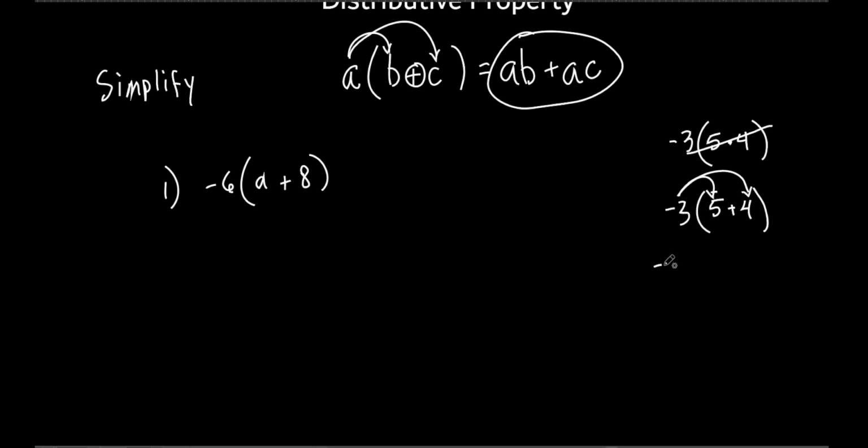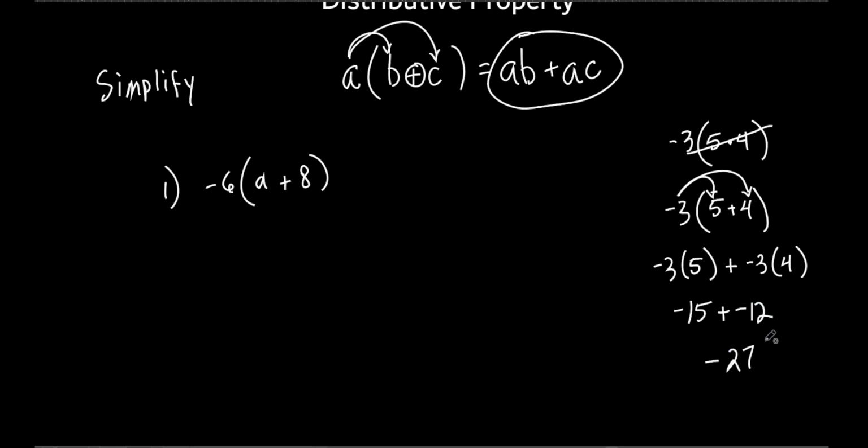Everybody see that? That's distributive property before we get to this one. So let's do it. So I've got -3 times 5 plus what? -3 times 4. That's right. Everybody see that? So I took both of those things inside of there and I multiplied them both by -3. Now let's figure this out. What's that? Negative what? 15 plus what? -12. And if you add those up, same sign, you keep the sign, just add them up.